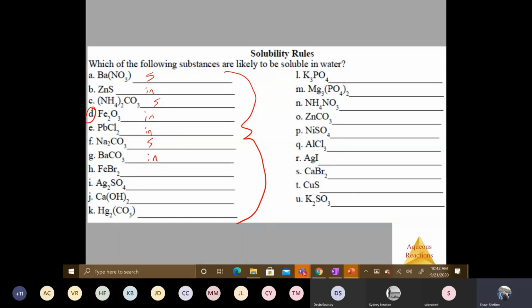Yes or no? No. All right, that means that this compound is soluble or insoluble? Soluble. Right, good. Thanks, Devin.